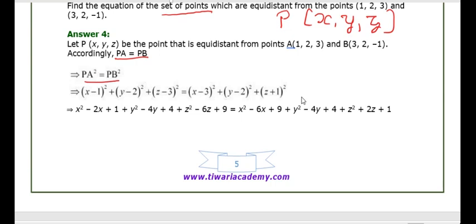Now apply distance formula between P and A. So x minus 1 square, then y minus 2 square, then plus z minus 3 square, equal to the distance formula between P and B: x minus 3 square, y minus 2 square, z plus 1 square.